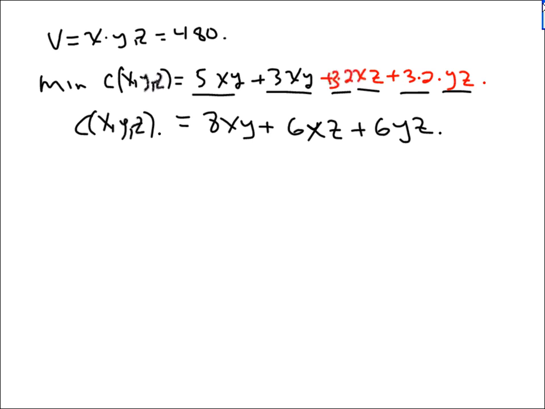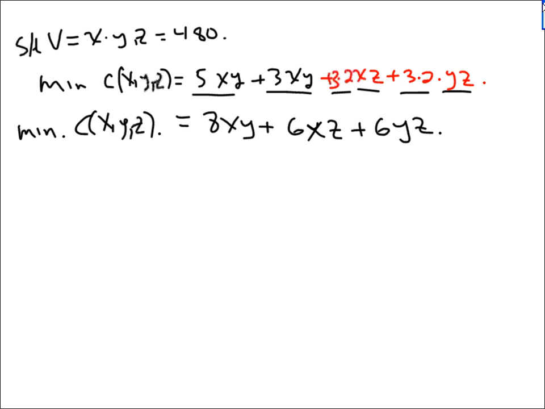And you want to minimize the cost subject to that constraint on top. You could get rid of one of the variables, but why don't we just do this in 3 dimensions? Let's just leave it the way it is.